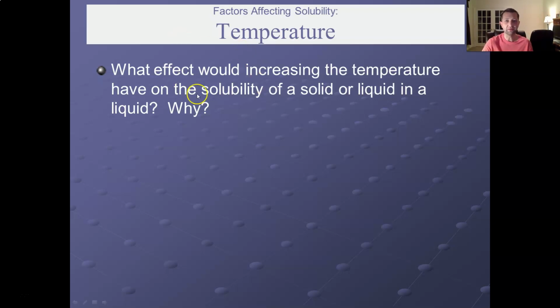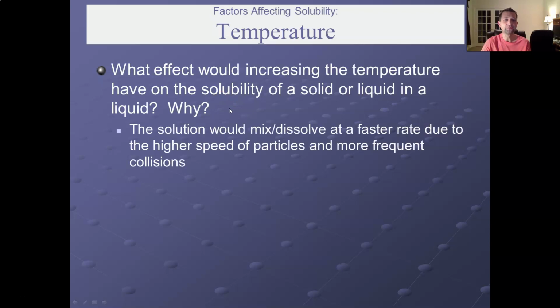There's really nothing to memorize here. You just use some common sense and some everyday observations that you know. But we need to be able to explain why at a higher temperature solids or liquids would dissolve better. They'd be more soluble than at a lower temperature. So just think about what happens at a higher temperature. At a higher temperature, particles move faster.